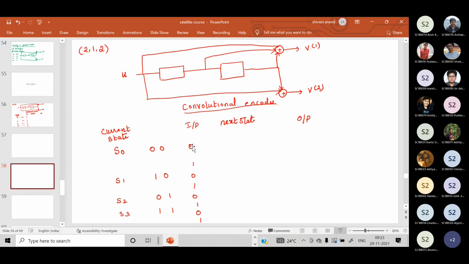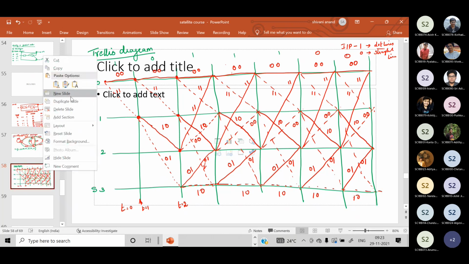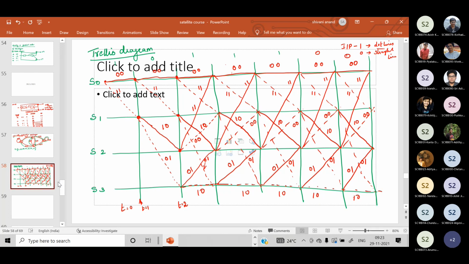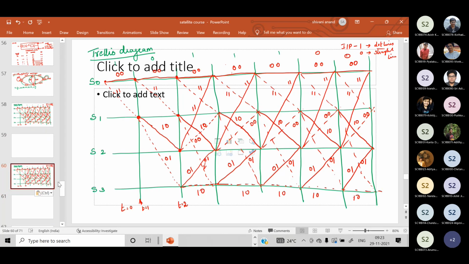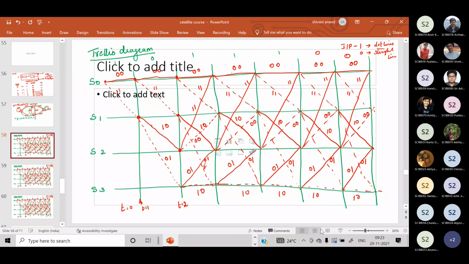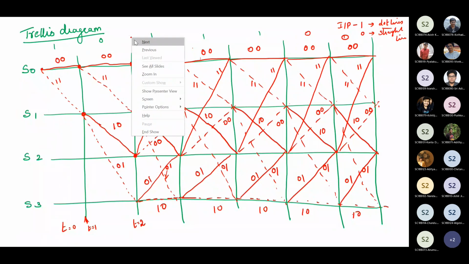Next, we will see how to do the decoding. I will just copy this one. Now you see what the input is after completing this trellis diagram.